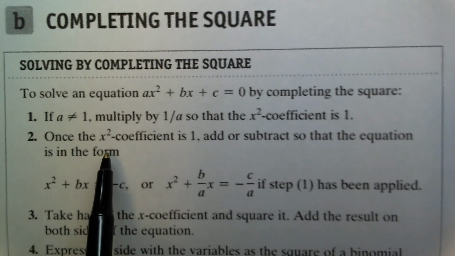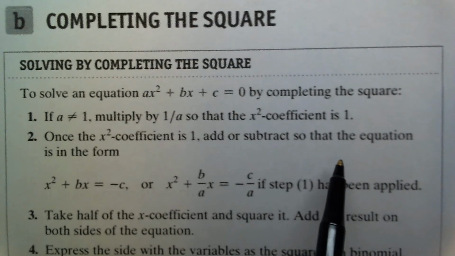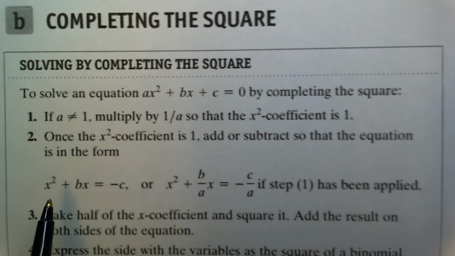Once the x squared coefficient is 1, add or subtract to the equation so that it is of the form x squared plus bx equals minus c, or x squared plus b divided by a, x equals minus c divided by a, if step 1 has been applied. Notice that every term gets divided by a, unless the x squared coefficient is equal to 1.